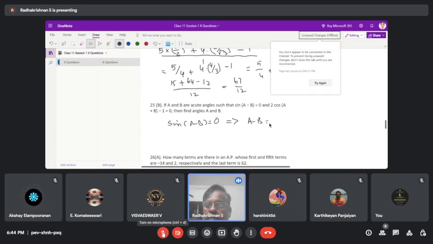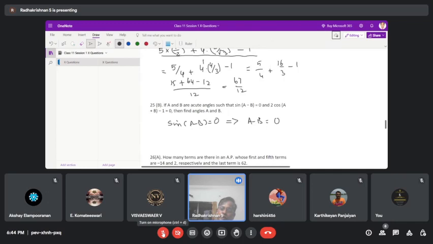The sine of which angle is equal to 0? Sine 0 is equal to 0. That is the only acute angle, because then it will go on increasing up to sine 90, which will be 1. So since it is given that A and B are acute angles, A minus B equal to 0.